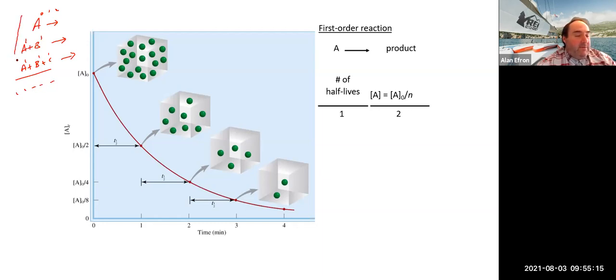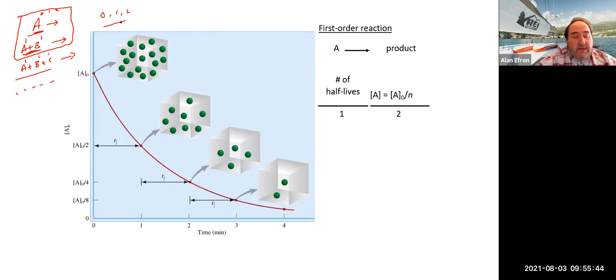Since we usually see one reactant or two reactants, that's why when we talk about typical overall orders of reactions, 0, 1, and second order are very common. To get a higher overall order, you would need a lot of reactants reacting at once, and that's not a usual situation.